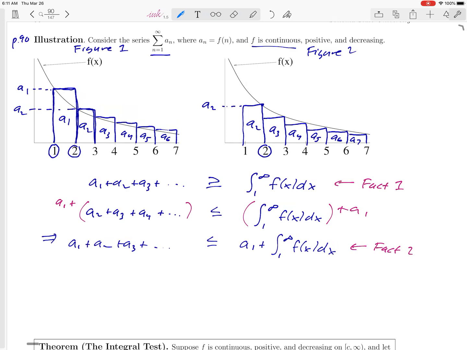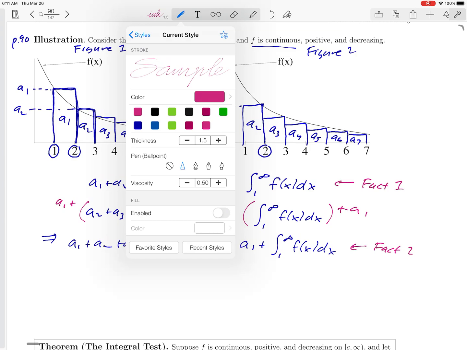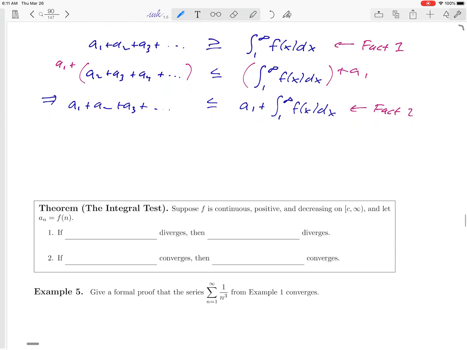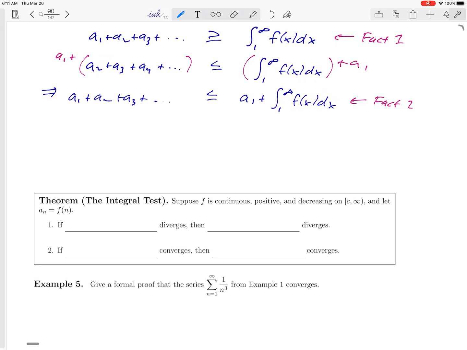We're going to use these two facts to come up with a convergence test that's called the integral test. In the integral test, there are two parts. The setup is the same situation that we had above: we've got a function and a series, and the relationship between the two is that the formulas are the same.